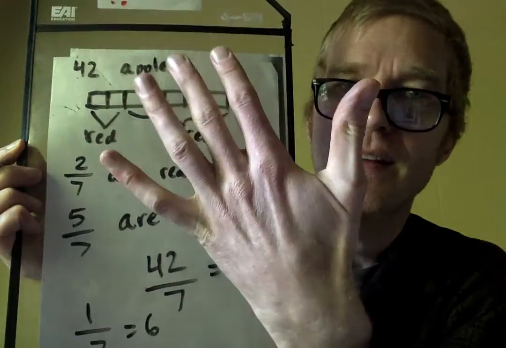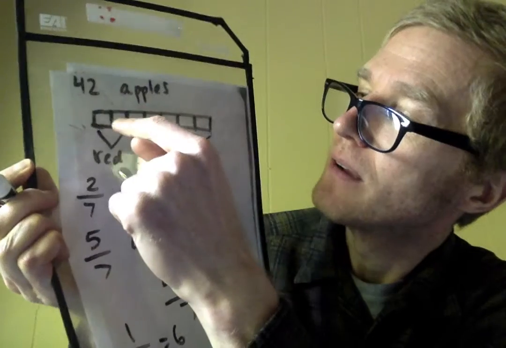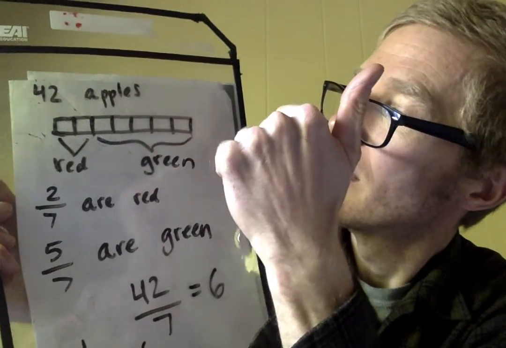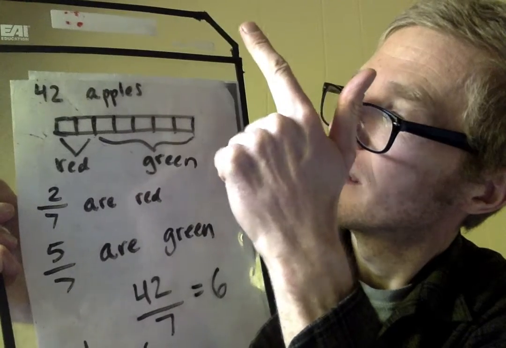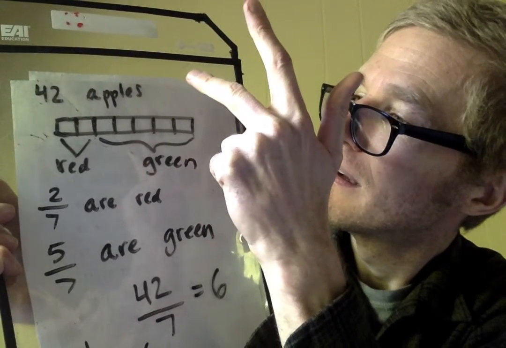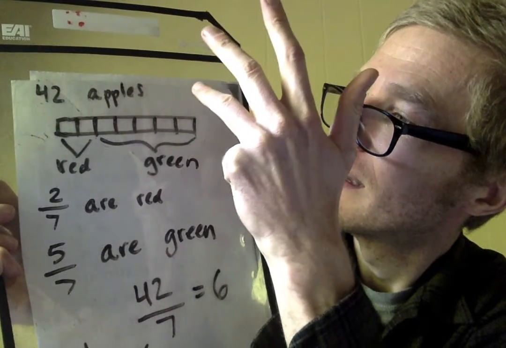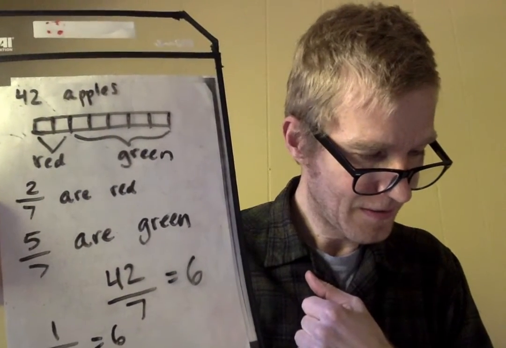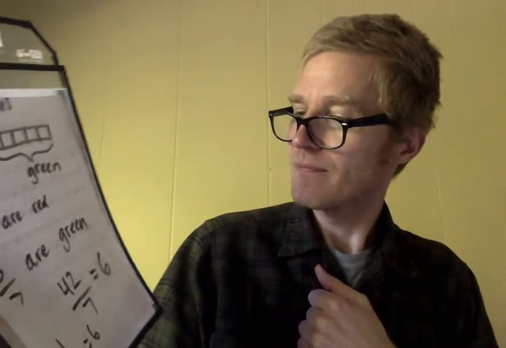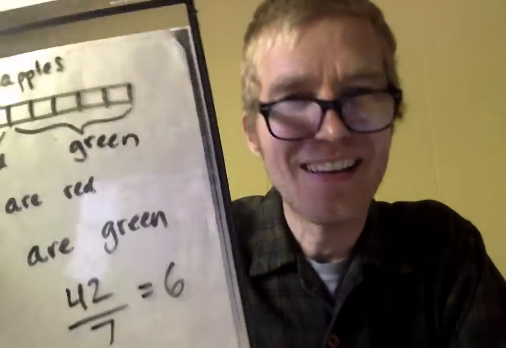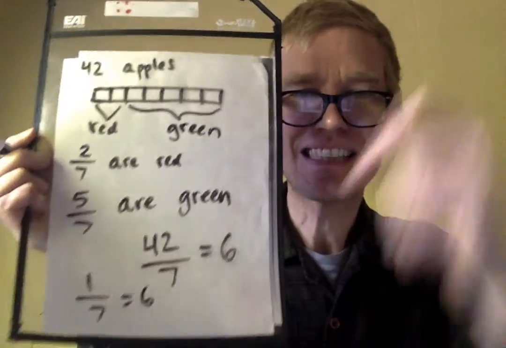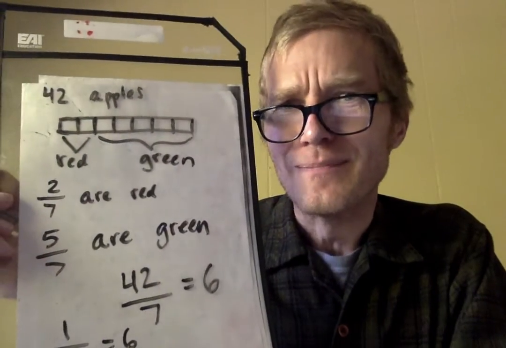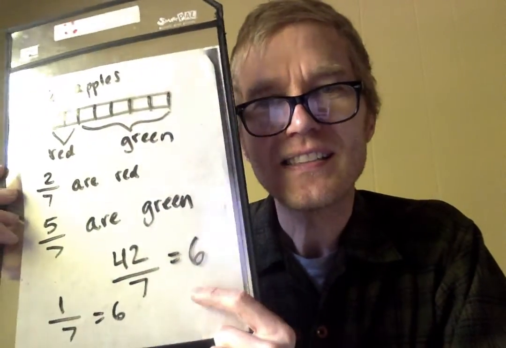Well, we got 5 fingers. Let's see. Green, there it is. 7, 14, 21, 28, 35. Oh, wait. It's 6. Okay, dang it. Sorry about that. So it's 6 times 5.